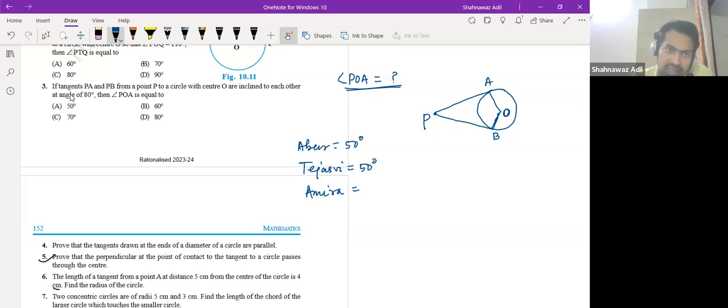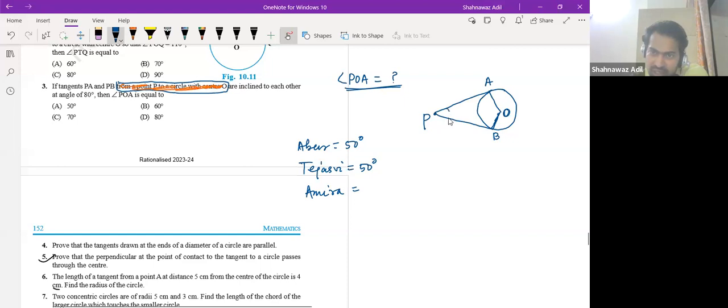So if tangents PA and PB, and forget about these lines, if tangents PA and PB are inclined to each other at an angle of 80 degrees, right? So what is the angle that they are talking about, Amira? Angle APB, absolutely right. Good.